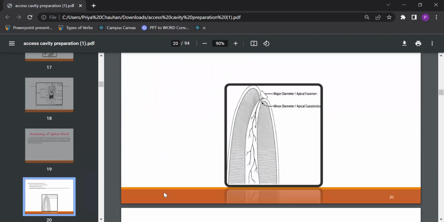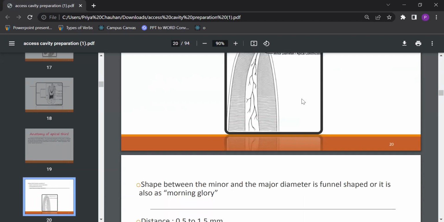अब डायग्राम से और अच्छे से समझेंगे हम. This is our minor diameter and apical constriction, जहाँ पे ये constrict हो रहा है, ये this portion. ठीक है. This is minor diameter and this is major diameter, which is apical foramen.